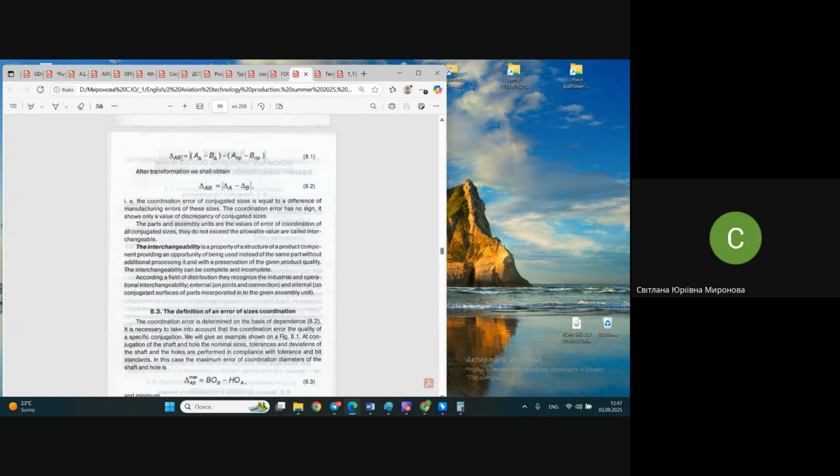Accuracy of conjugation is determined like this. What we understand as conjugation is a difference; it should remind you of the story about fits. Object A, object B, and their difference with sign minus or plus.